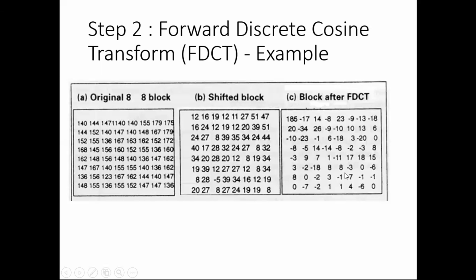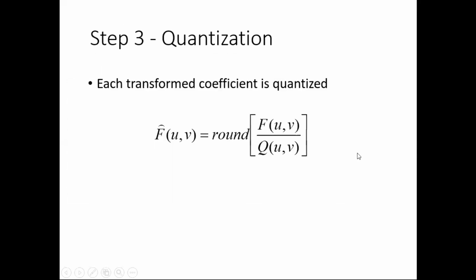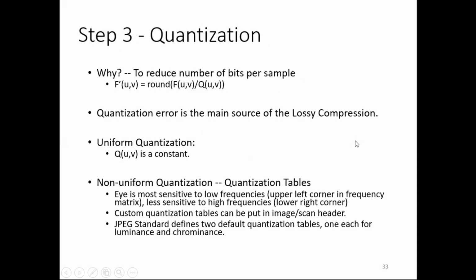Then we perform further processing on top of the FDCT, right? Okay, then we perform quantization. There are two types of quantization. First is uniform quantization. Second is non-uniform quantization. Uniform quantization means we initialize a quantization factor, a number, right?